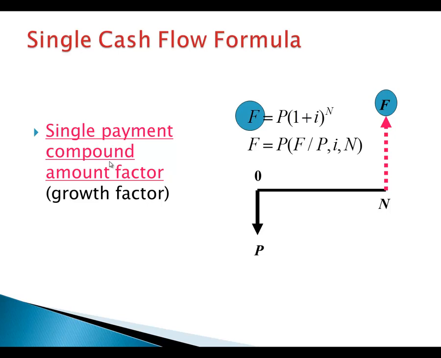So the (1 plus i) to the power n is a factor that will affect the P, and multiplying P by it will give me the future value. We call this the growth factor or the compound amount factor.